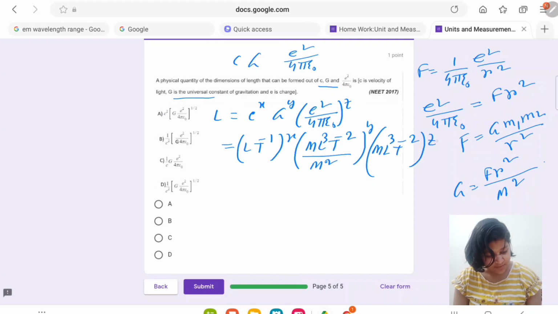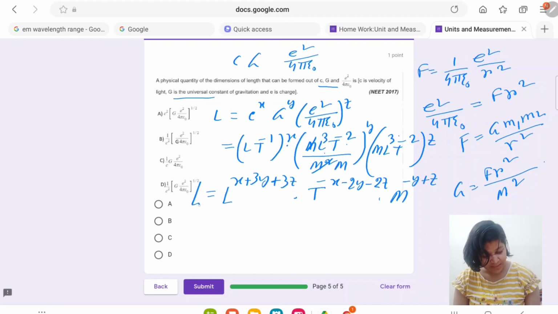Let us bring the powers of L together: L to the power x, L to the power 3y, and L to the power 3z. The power of t is minus x minus 2y minus 2z, and the power of m is minus y plus z, and on our left hand side we only have L.